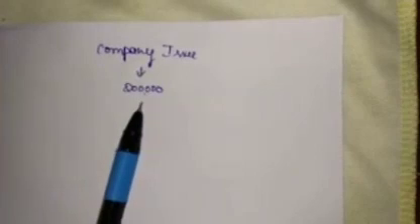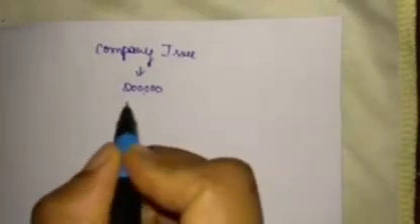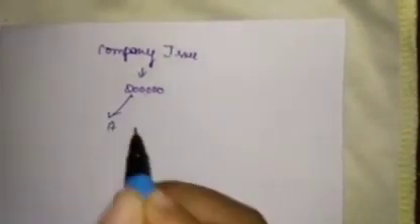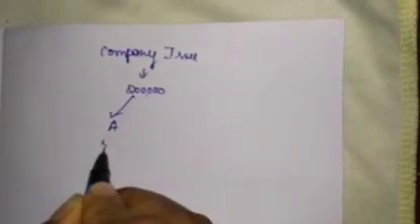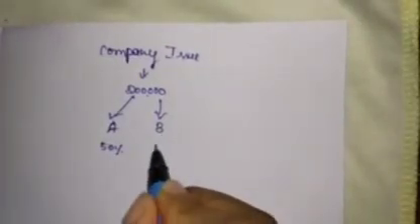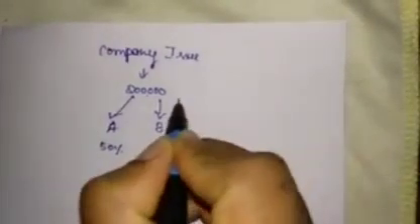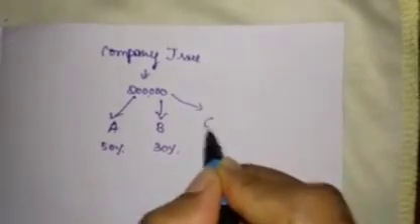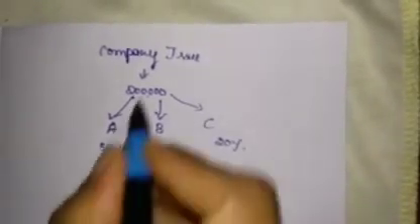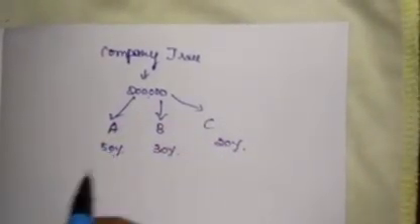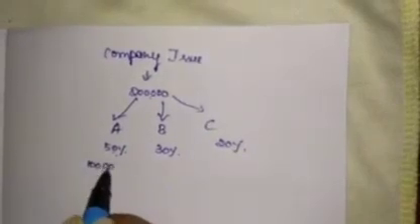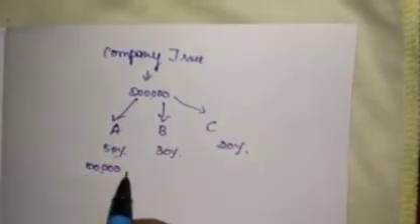The company issued 2 lakh shares and the whole issue was underwritten. A gives a guarantee for 50% of the issue, B for 30%, and C for 20%. That means A guarantees 50%: 2 lakh into 50% is 1 lakh shares.